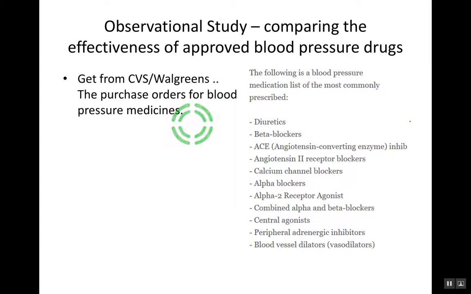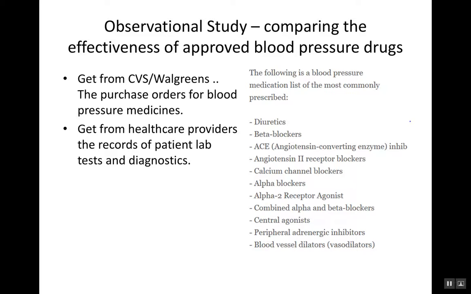And you can get from CVS, Walgreens, and so on, the purchase orders for blood pressure medicines. You get from the healthcare providers the electronic medical record that shows how they're doing in terms of blood pressure. And then you compare the effect of the different drugs.